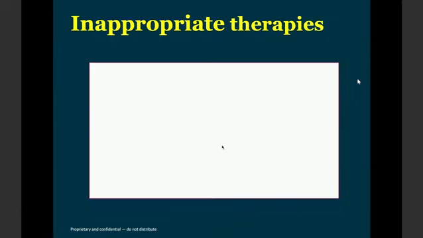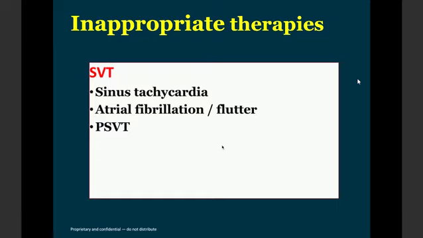And a few words about inappropriate therapy. This can be due to supraventricular tachycardia like simple sinus tachycardia, atrial fibrillation, atrial flutter with rapid ventricular rate, paroxysmal supraventricular tachycardia like AV nodal reentry, AV reentry, etc. Or it can be due to a lead fracture, which causes, if there is a conductor fracture in the lead, something called make-break contact.